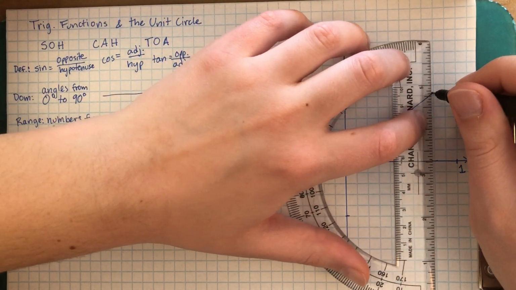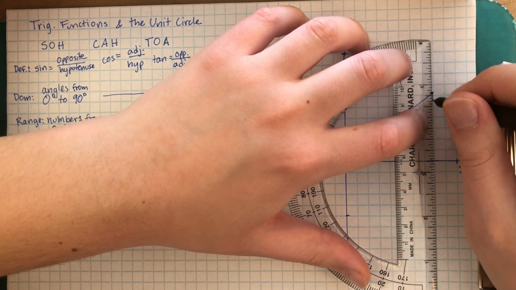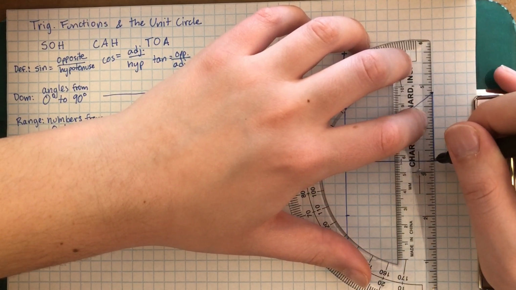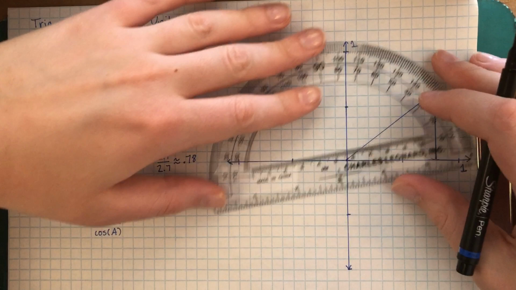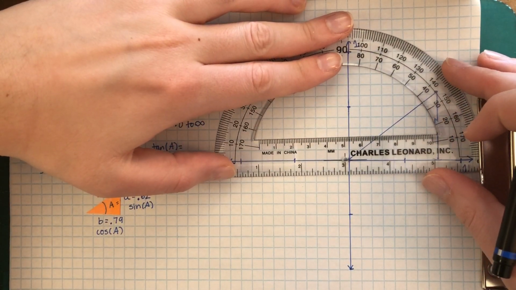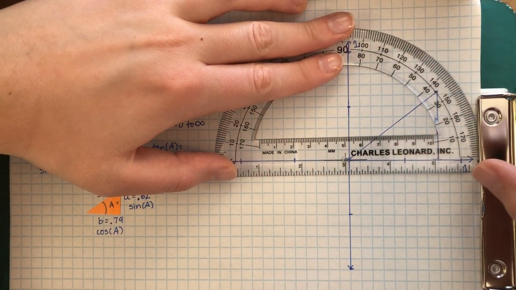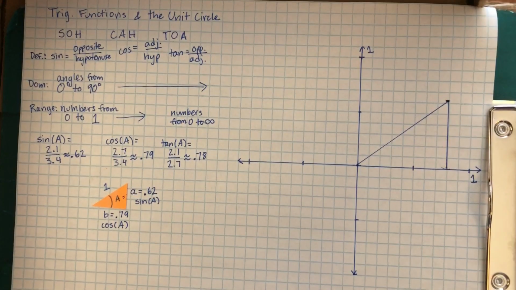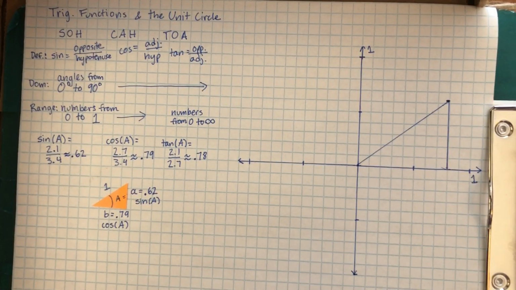So this angle here that's starting from the origin should still be 38 degrees, which it pretty much is. Great. Okay.